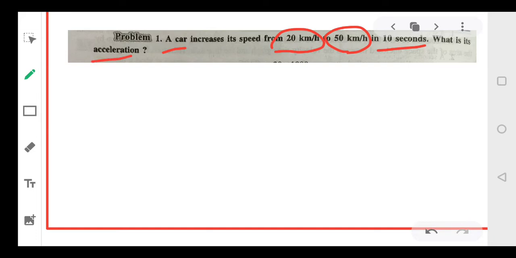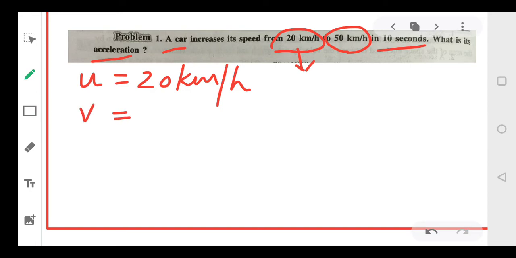What is the acceleration? What was the initial velocity? It was U. So given is U is equal to 20 km per hour. And V, the final velocity, is 50 km per hour.